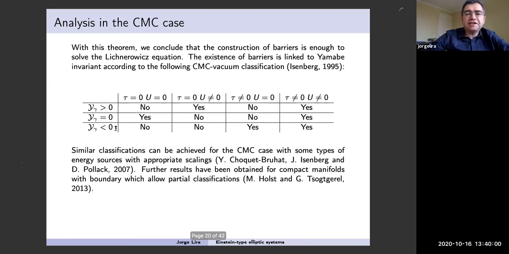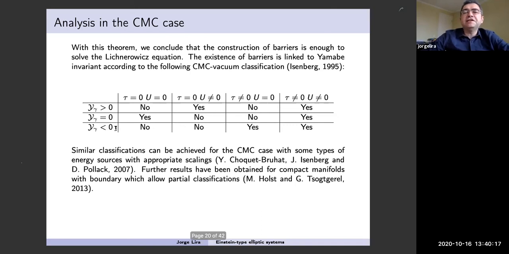So that's the classification in the case of vacuum. This means you are not considering densities epsilon and j. You have just vacuum and the CMC case. That's the table for existence and non-existence results in that context.